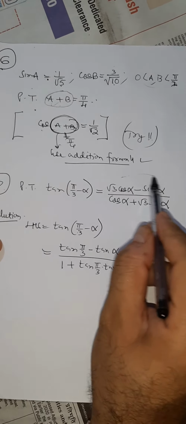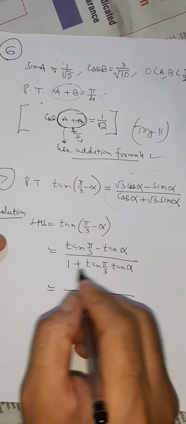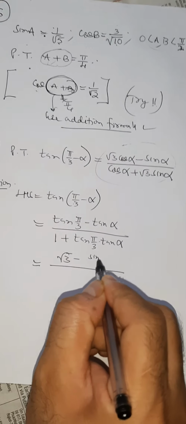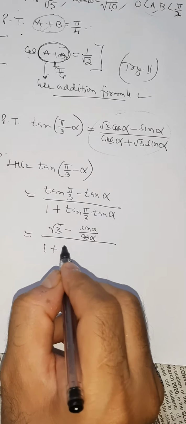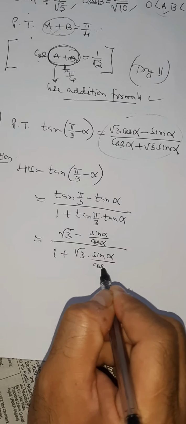Now on the right hand side you need everything in sin cos, so I'll reduce into sin cos. What is tan pi by 3? Root 3. So root 3 minus sin alpha upon cos alpha, upon 1 plus root 3 into sin alpha upon cos alpha.